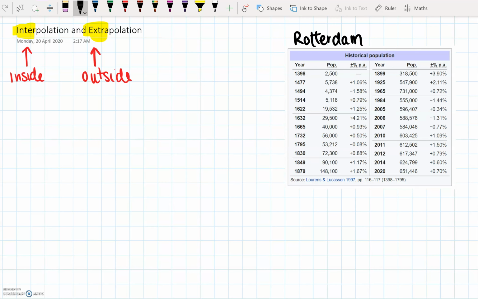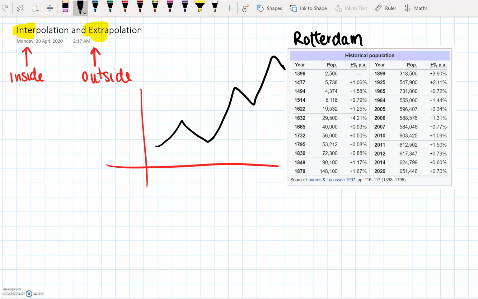What that means is that this is not a linear graph. This is not a linear relationship. This is not an exponential relationship. This is just a relationship that changes. So if we were to graph this, we would get something that looks a little bit like this.